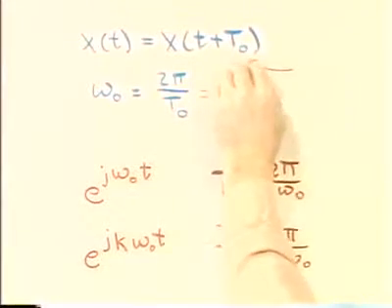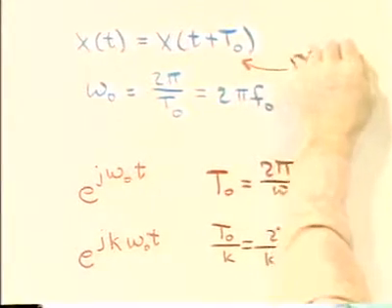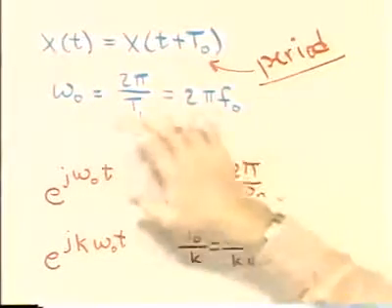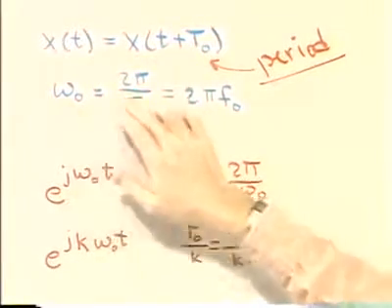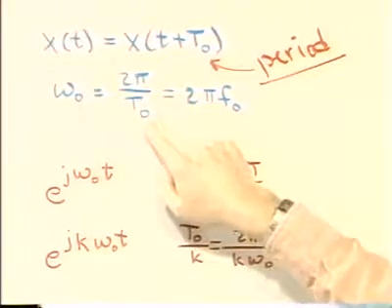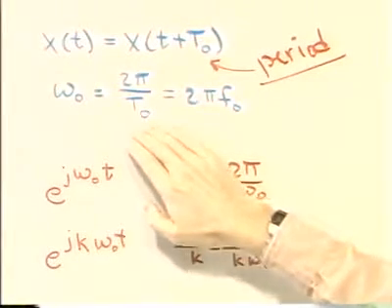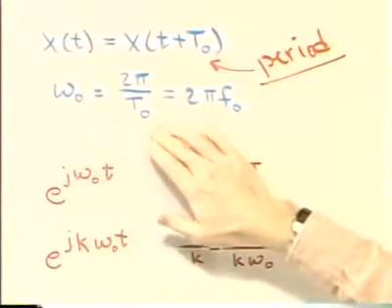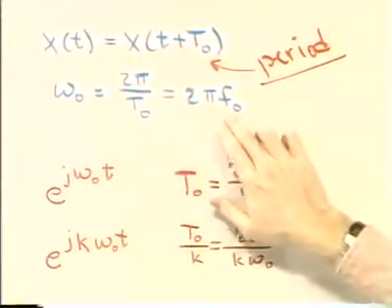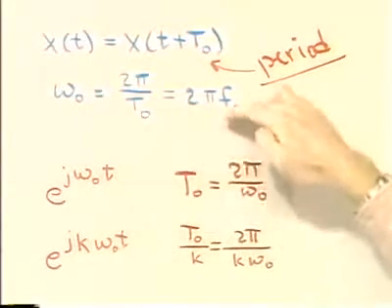So it's T0 that corresponds to the period of our periodic signal. Omega 0 is 2 pi over T0, as you recall from our discussion of periodic signals and sinusoids before, and that's 2 pi f0, so this is the fundamental frequency.